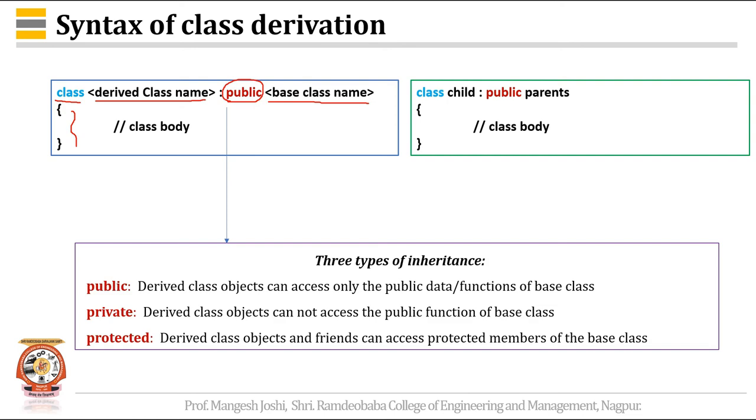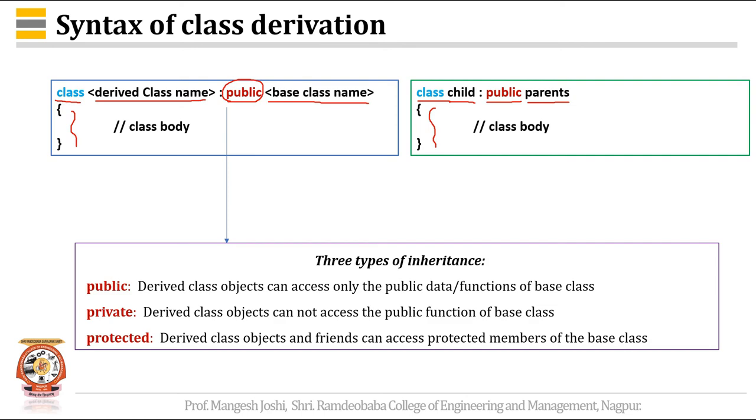And then after that, this is the body of your derived class. For example, you have to declare a child class from the parents class. So a class keyword followed by a derived class name, then a colon, then the public keyword, and then your base class name. Okay, and then followed by the body of your derived class. But before deriving a class, you first have to declare and define your base class.